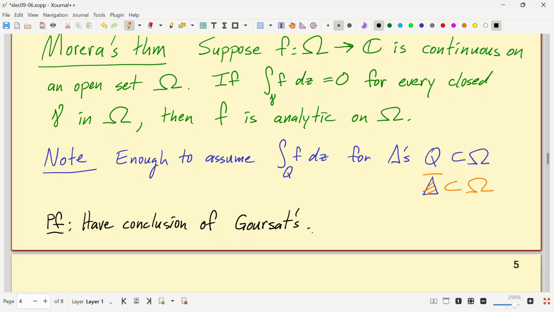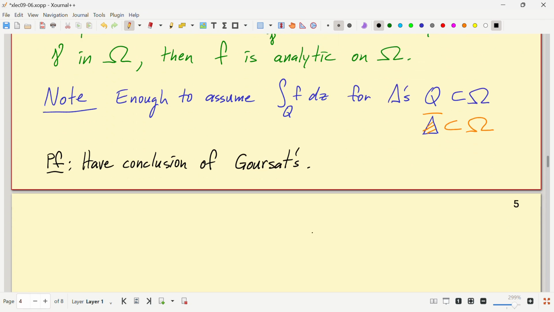So let's see, we know the integrals around triangles are 0, and that means we have the conclusion of Goursat's lemma on a disk. I might as well restrict attention to a disk about z0 contained in omega. That disk is convex.